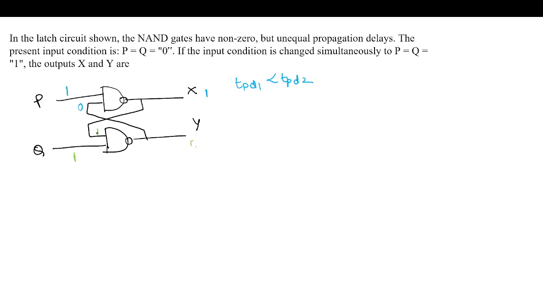So 1, 1 gives 0. Then third, P is 1 and Y is 0. This is giving 1. So it is X is equal to 1, Y is equal to 0. Or the other way around, it could have been X is equal to 0, Y equal to 1. Then TPD 1 is greater than TPD 2.